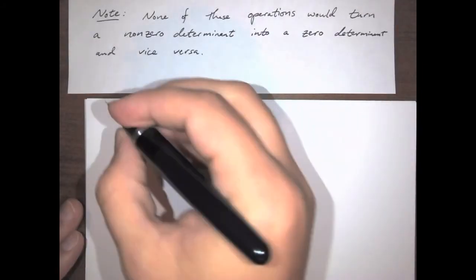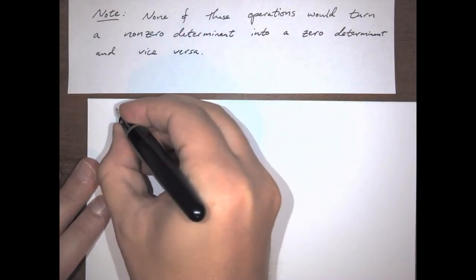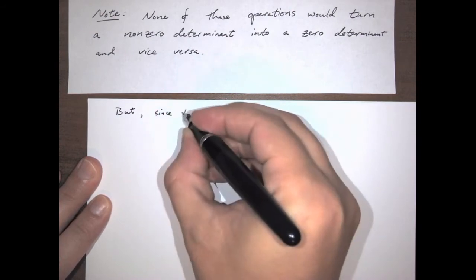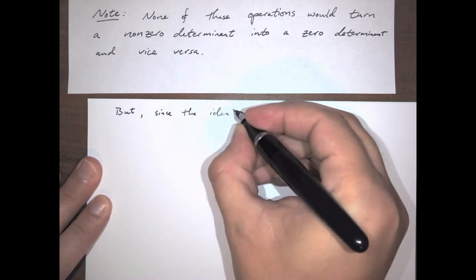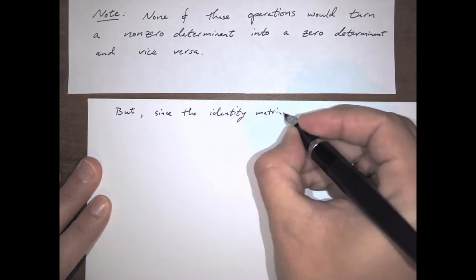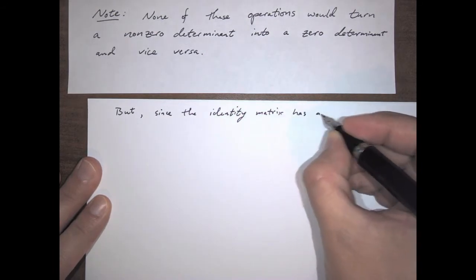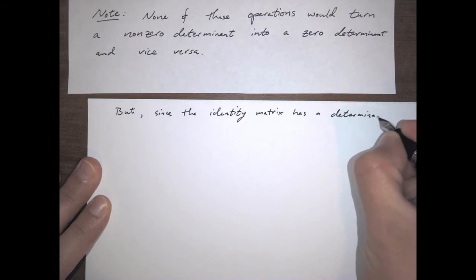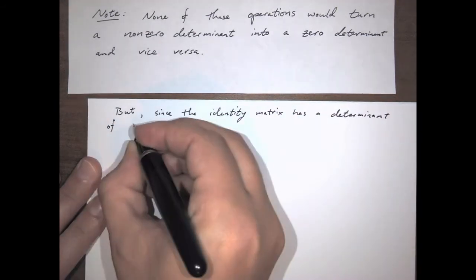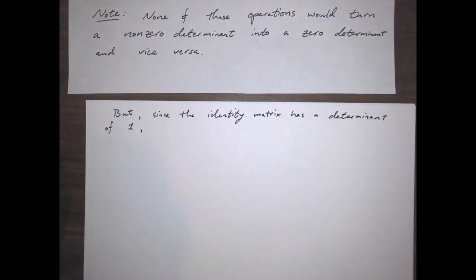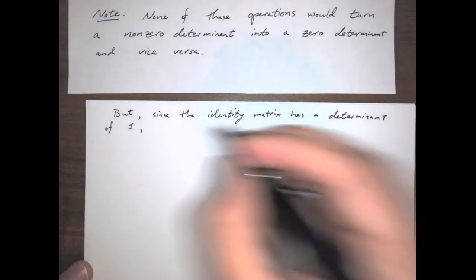But since the identity has a determinant of 1, that means that we can only row reduce down to the identity if the matrix has a determinant that's not 0.